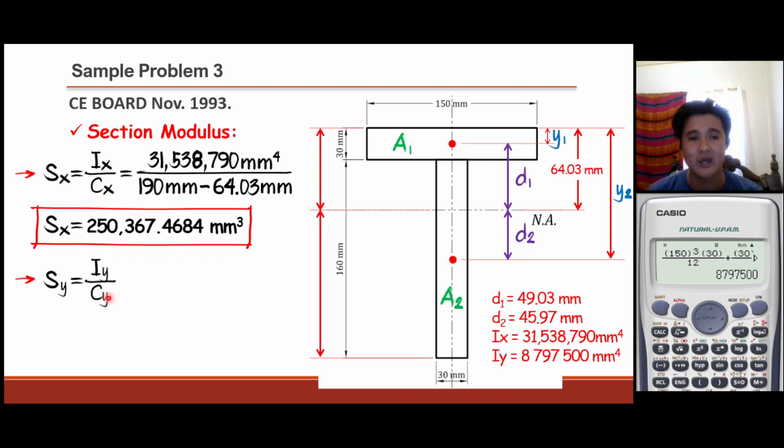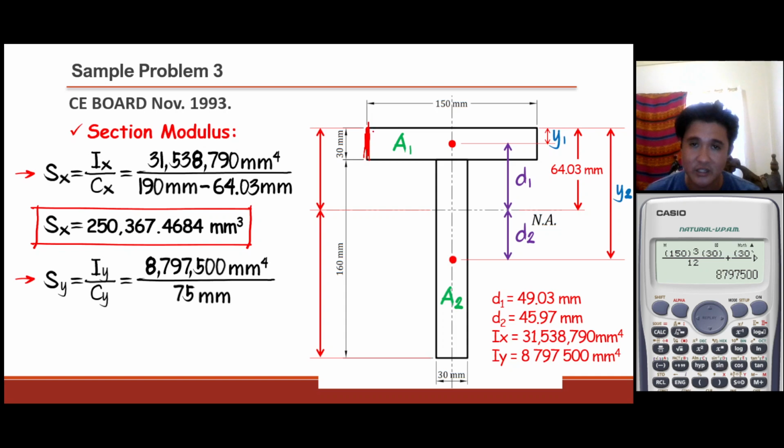So, Sy is Iy over Cy, where yung Cy natin ay yung distance of the most extreme fiber from the y-axis naman ang reference natin. So, yung Cy natin, so we have Iy na 8,797,500 millimeter raised to the 4 all over yung Cy natin na 75 millimeters. So, 75 millimeters because yung distance ng most extreme fiber natin from the y-axis.